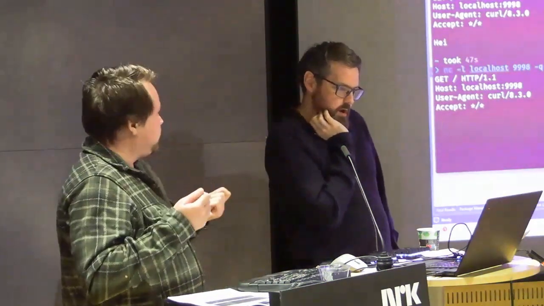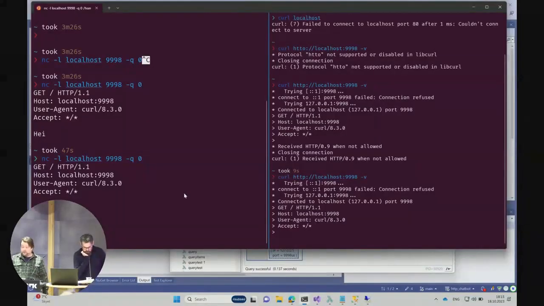I sent GET and the root of the domain because I wanted the root of the domain. And I'm sending Host. I'm expecting to talk to localhost at this port. And I'm a user agent, curl, and I accept anything you'll send me. Yeah, anything conforming to the HTTP protocol.